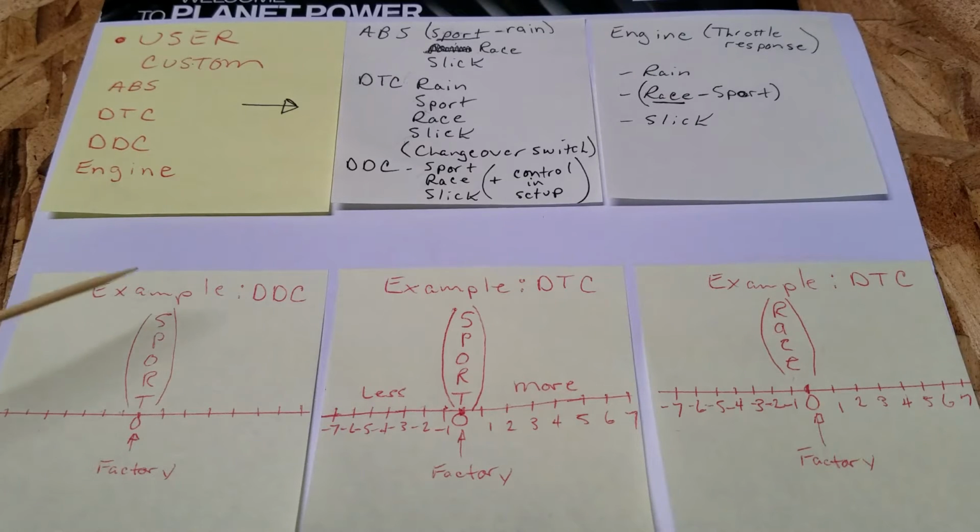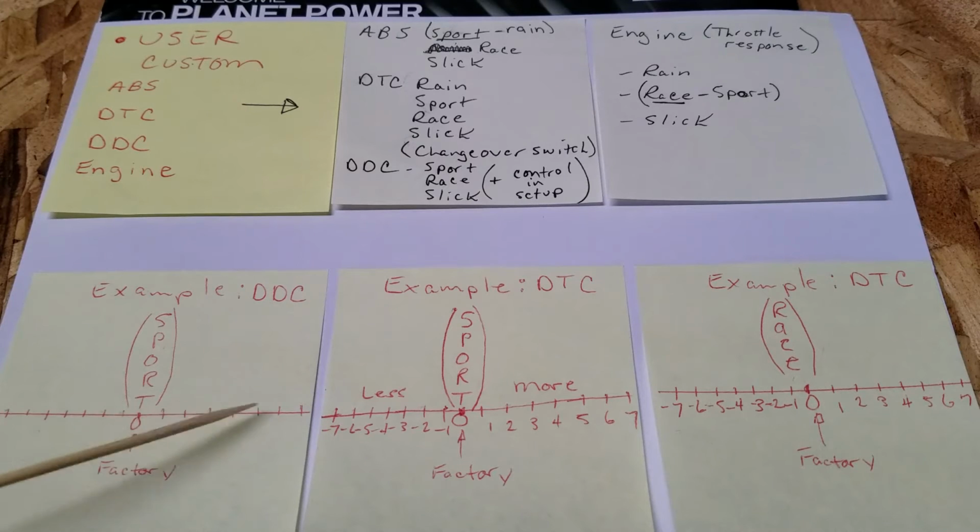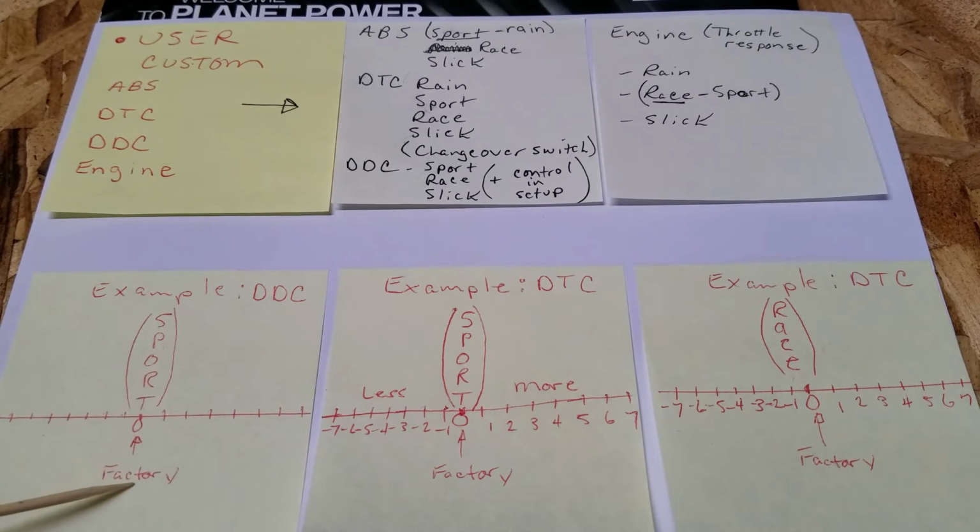And then I also put an example here for your dynamic damping control in, let's just say, sport mode. I didn't put the numbers here, but you can go in and adjust your rear and front damping control to your liking away from, say, factory.